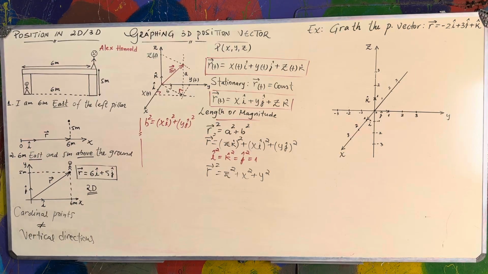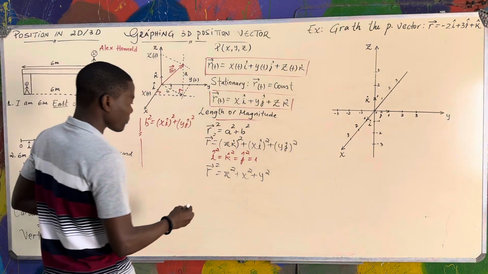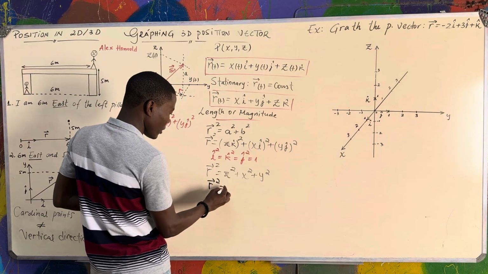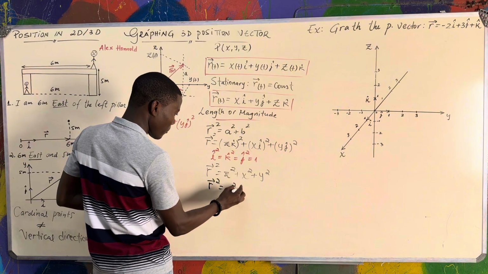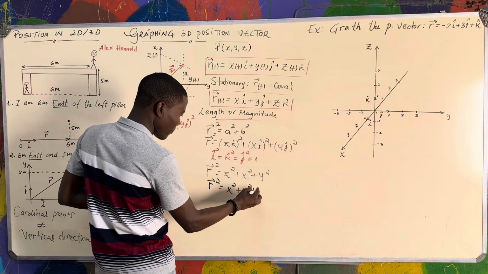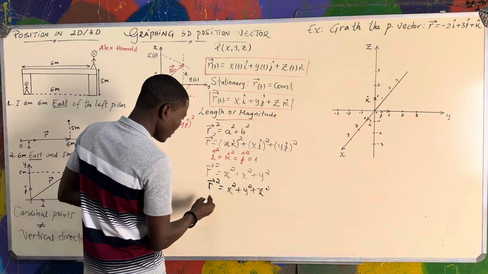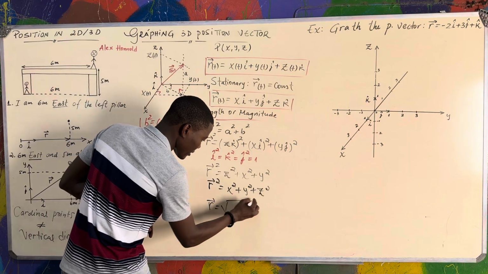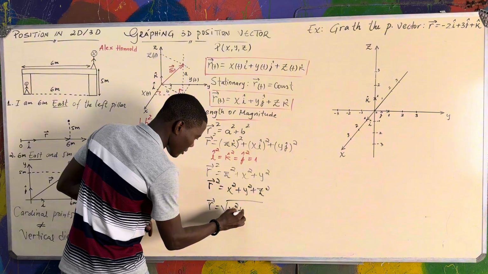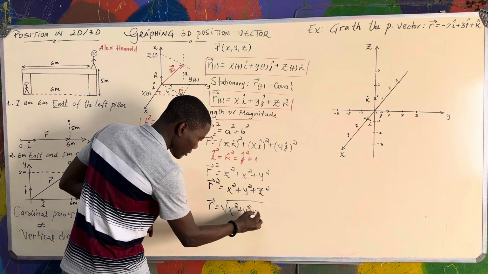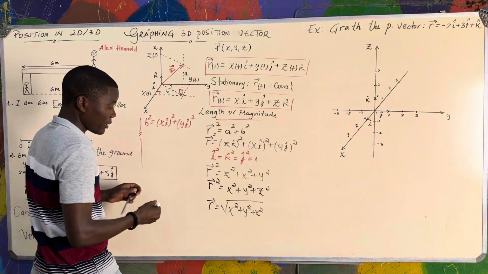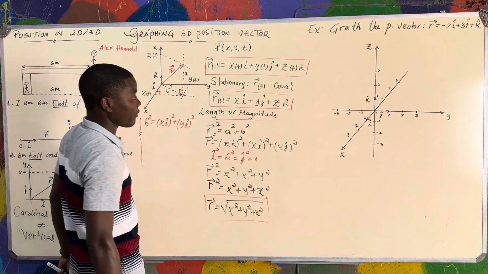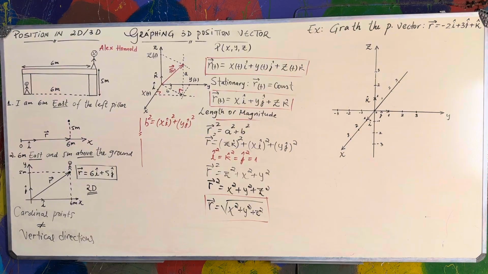So in the standard form, we can write the position vector squared equals x squared plus y squared plus z squared, so that the length will be the square root of this sum of x, y, and z squared. So this is the magnitude or length of this position vector. Very good.